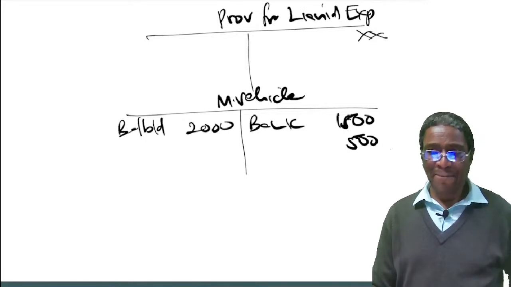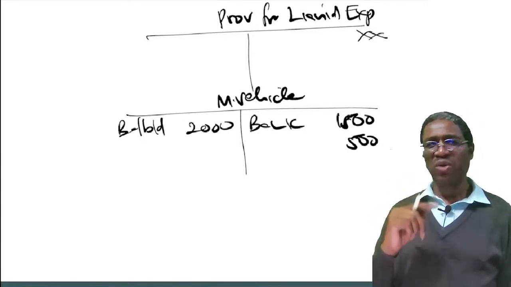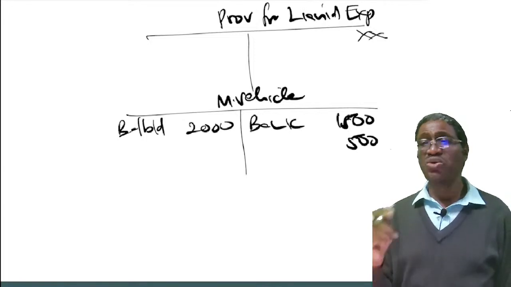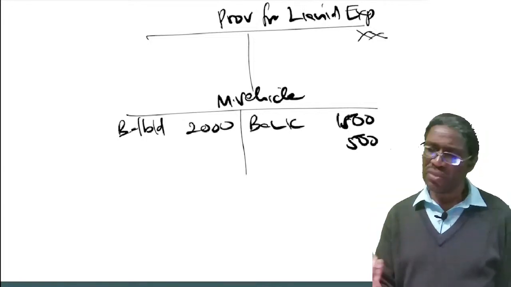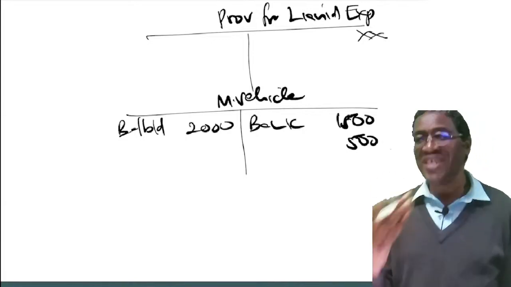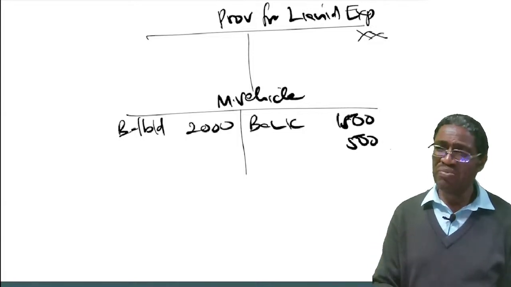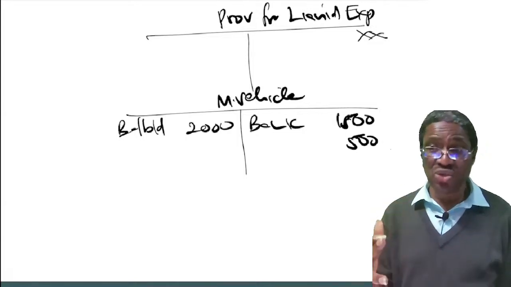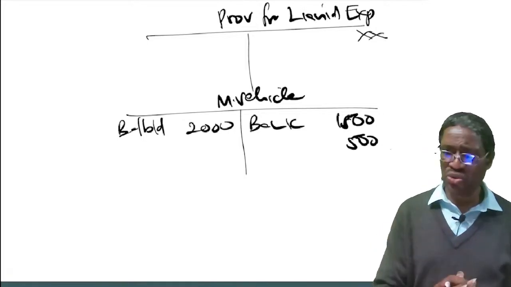Remember, we are not running a normal business. If we were running a normal business, I would take that loss on disposal to the profit and loss. We are liquidating this company, and so our operating account becomes the realization account. Whatever is the gain or loss on disposal, it could be a gain.